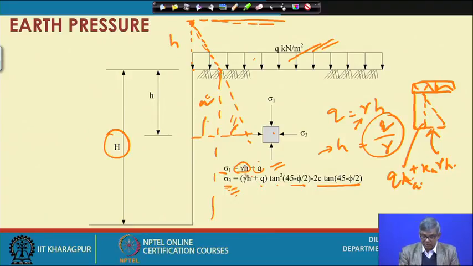So the pressure at this point will be Q plus weight of the soil, multiplied by the coefficient of earth pressure. Similarly, if it is passive, the same Kp will be multiplied.